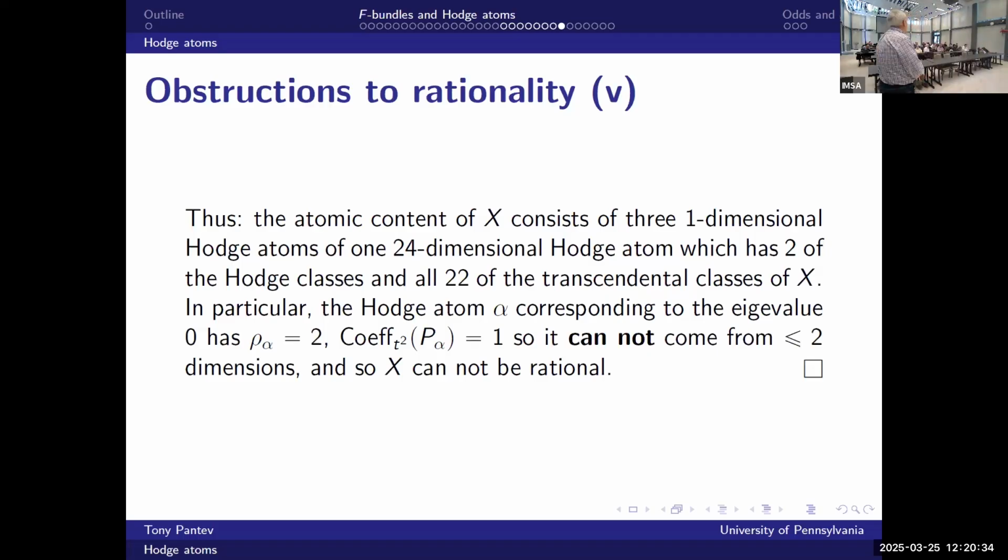So that cannot come from a surface. Its coefficient in front of t square is 1, but the dimension of the Hodge classes is 2, and that cannot come from any surface. So that tells you that the cubic is not rational.